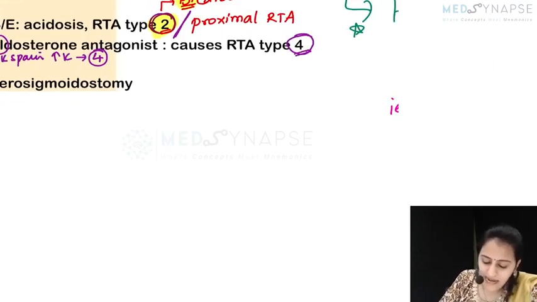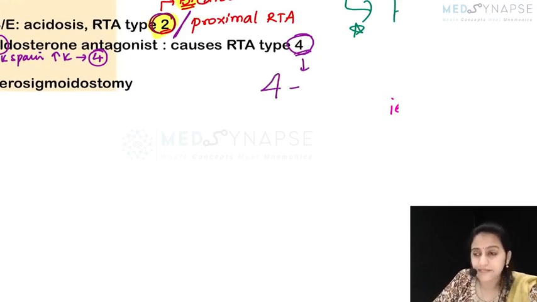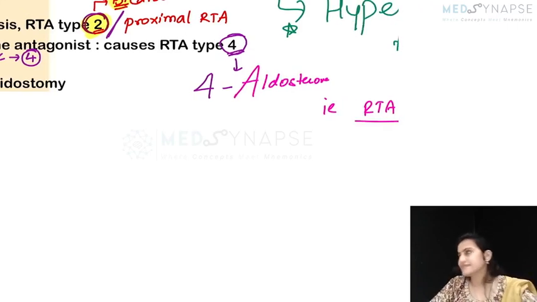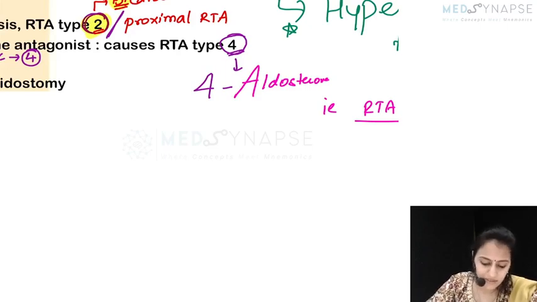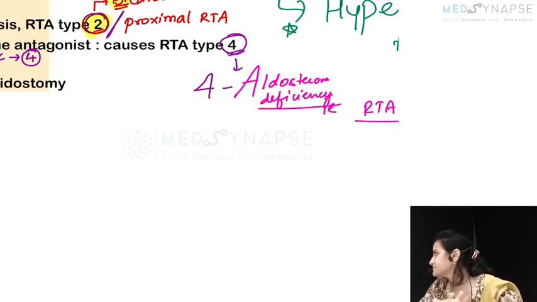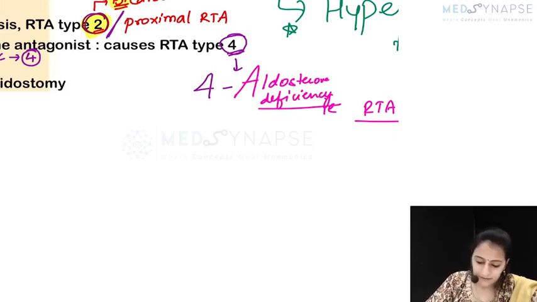So remember that RTA type 4, 4 is like which alphabet? A. So anything related to aldosterone, excess or aldosterone deficiency, क्या करेगा acidosis? Deficiency या excess? Aldosterone causes alkalosis. So aldosterone deficiency will cause acidosis. Right?